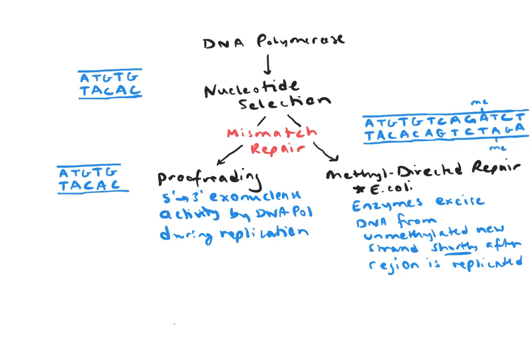So for the next round of replication, both original template strands will be methylated. Now, again, this is E. coli. There are similar mechanisms that happen in eukaryotes, but it's not specifically methyl directed. There are other ways that the repair machinery knows which is the template strand and which is the new strand, which would contain the error.